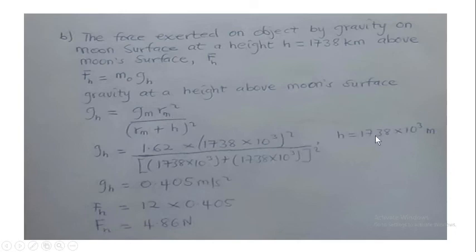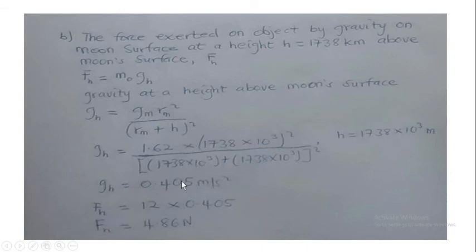Our h has been given to us to be 1,738 times 10 exponent 3 meters. So you slot it in here, and then you square all of them. And when you press your calculator very well, you arrive at gh equals 0.405 meters per second squared.